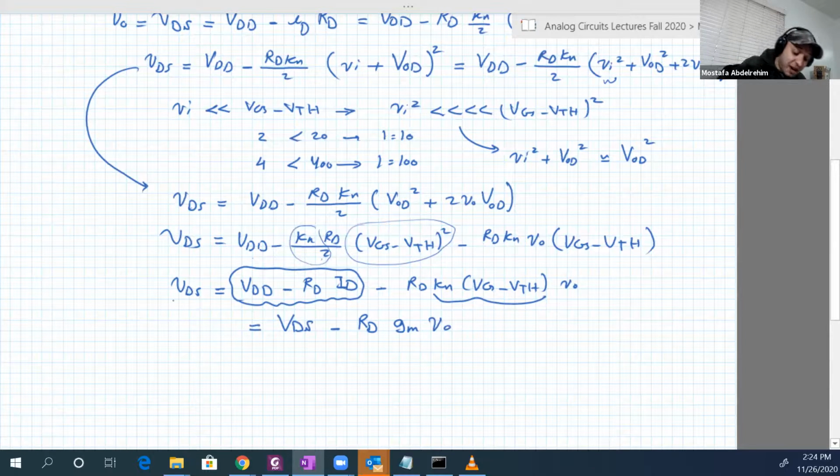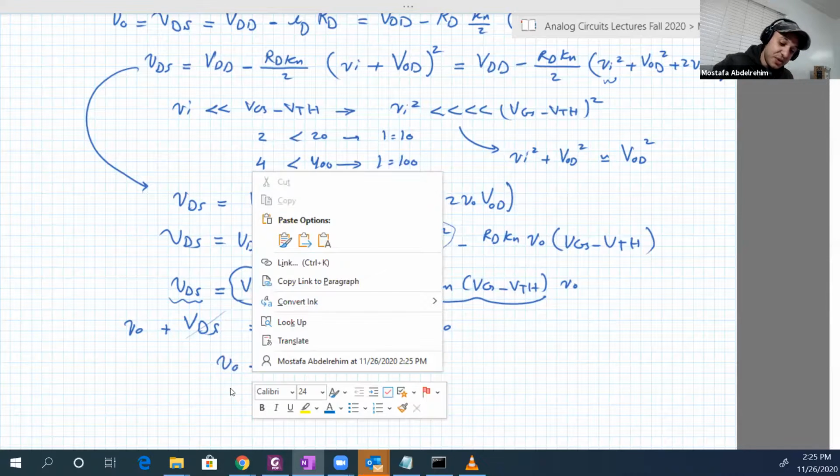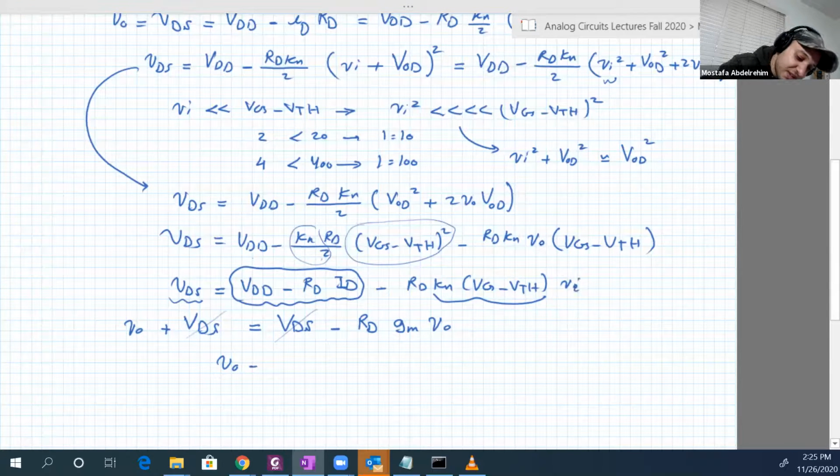Good. Remember this voltage vDS, small v capital DS, has an AC and a DC portion. So this is equal to, let's call it vo, which is the AC portion, plus VDS, the DC portion. So the DC goes with the DC. I'm sorry, this is V input, not this, this is V input.